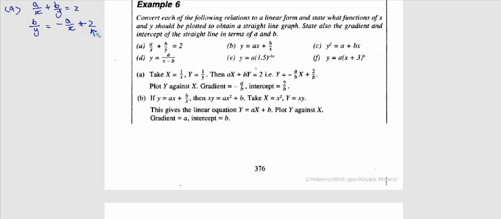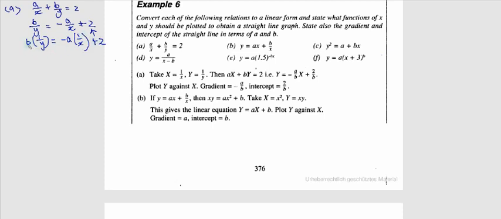Okay, now what you have to do is, there's one problem here. There's no variable, no unknown in the constant. It should have. Now, second thing is, b over y minus a over x plus 2.